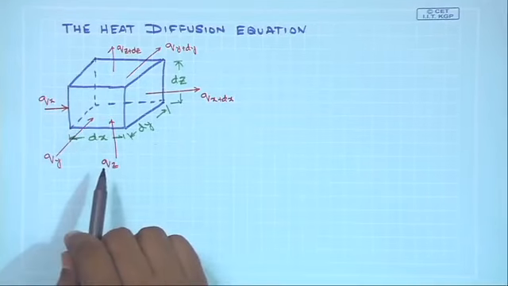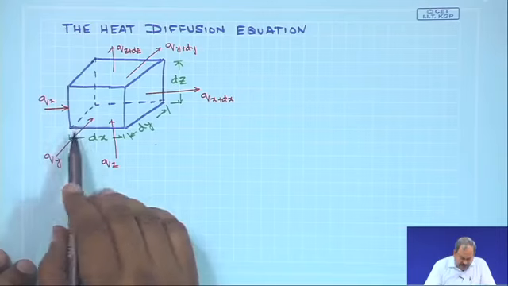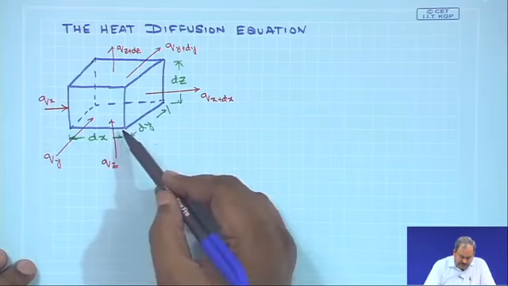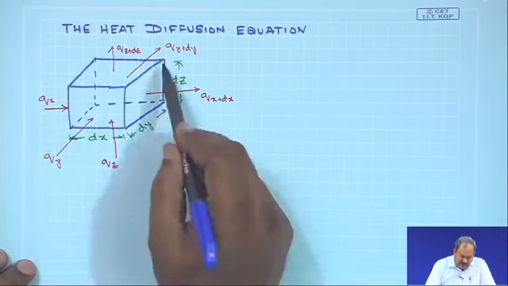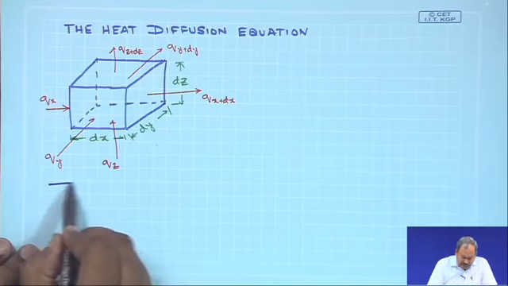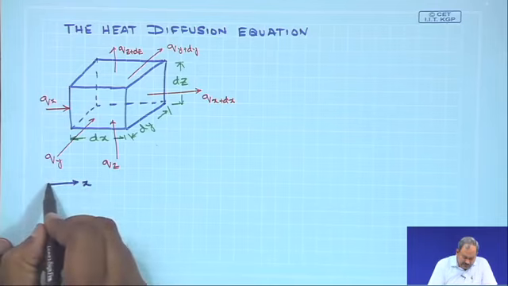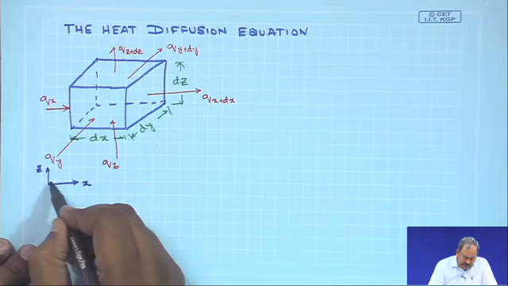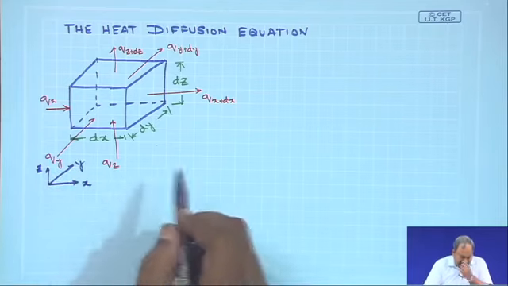So, let us look at this picture, which essentially tells us this is my cuboid which has a length of dx, dy and dz. So, this is the x direction, this is the z direction and this is the y direction.